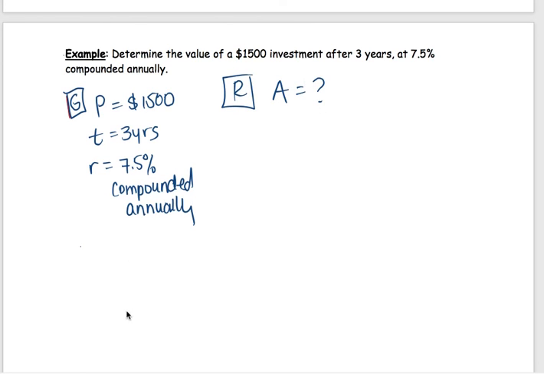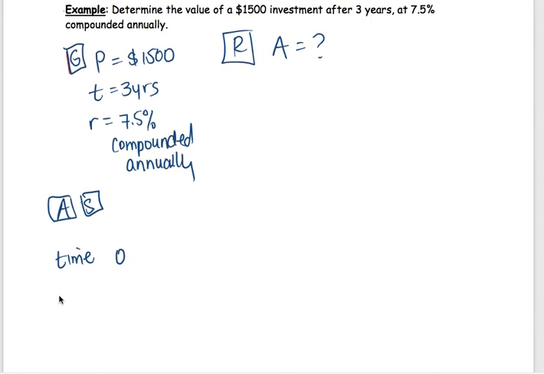Okay. So we're not going to use the formula. We can call it the A and the S step. Okay. We're just going to do it just like the picture that we looked at. Okay. So we start off, if we're thinking about the time, at 0 time, so initially, this is how much money you have, I guess. Okay, so you have 1,500 that you're putting into the bank.